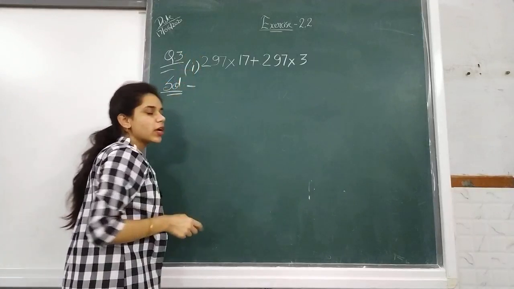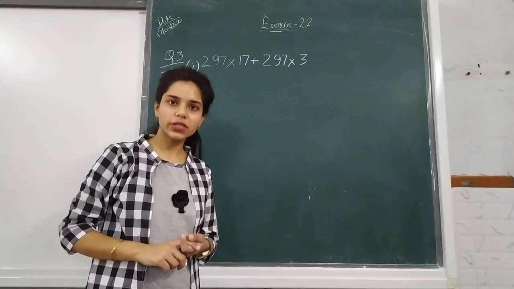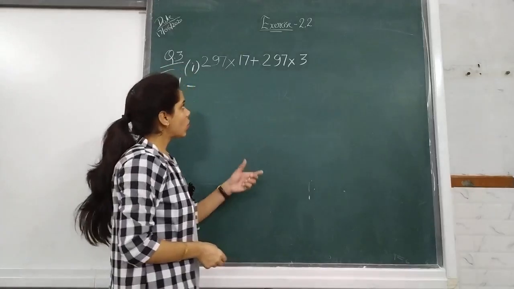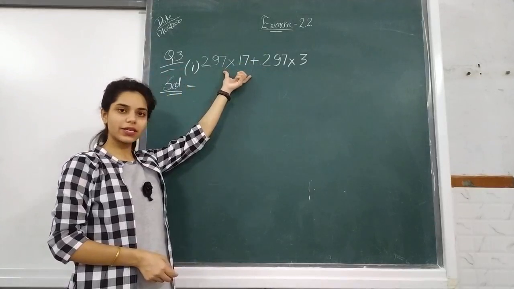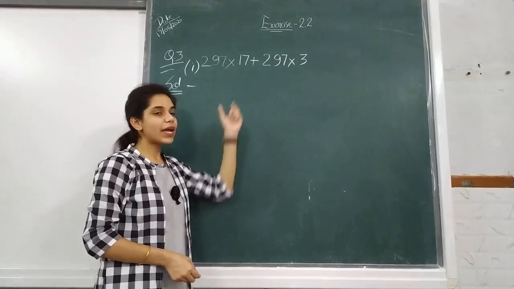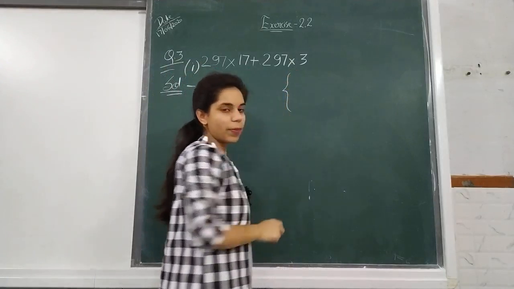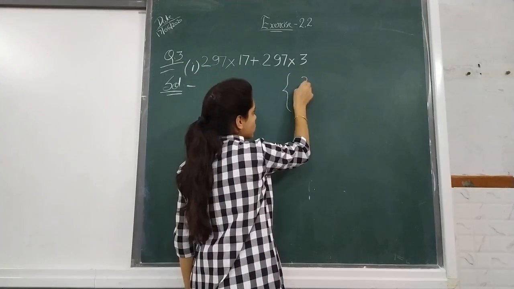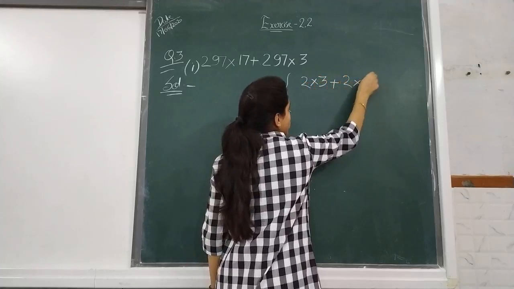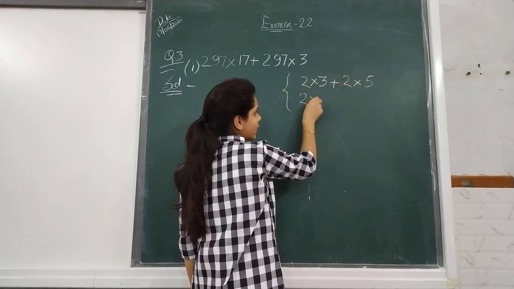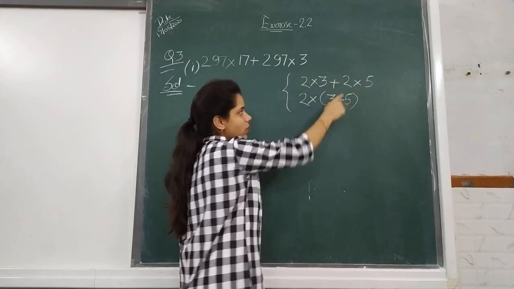What are they? Commutative property, associative property, distributive property and closure property. Which property can we apply on this? Yes, we can apply distributive property, because if there is a question like 2 into 3 plus 2 into 5, we can take 2 common and write it as 2 into 3 plus 5, because 2 is common in both.